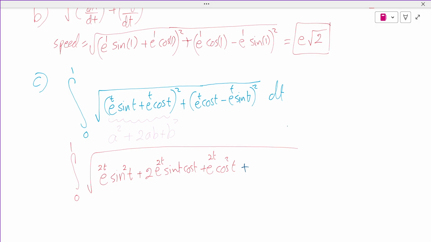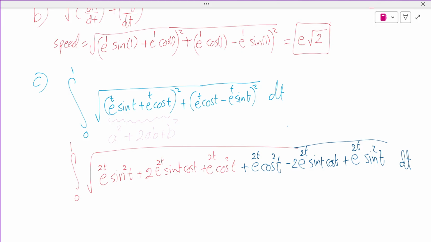We can repeat what we have done for the other bracket. The other bracket will be e to the power of 2t cos squared of t minus 2e to the power of 2t sine of t cos of t plus e to the power of 2t sine squared of t, dt.